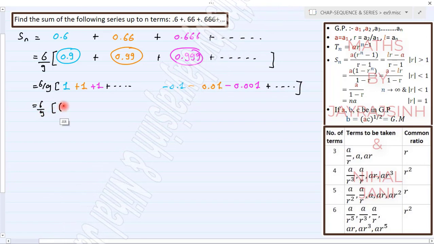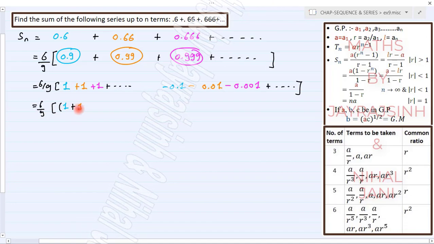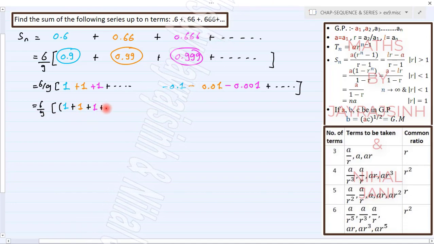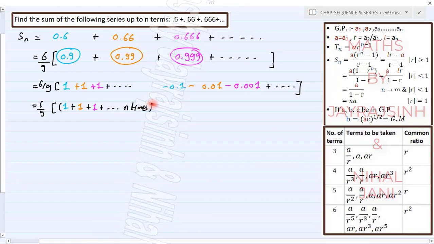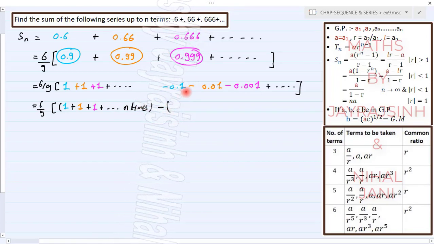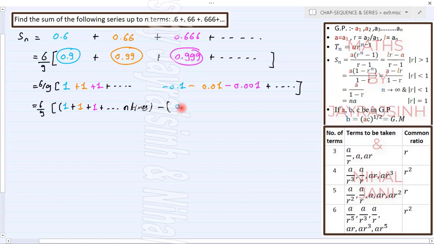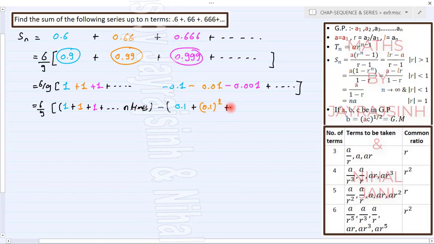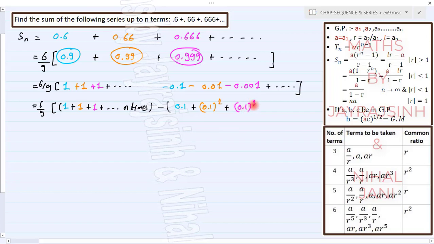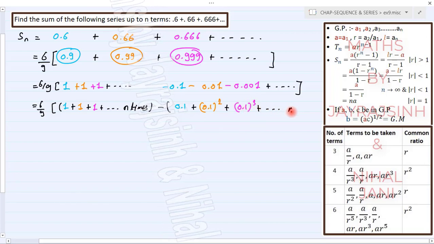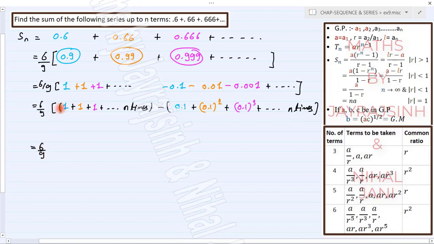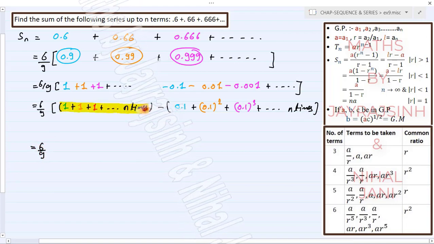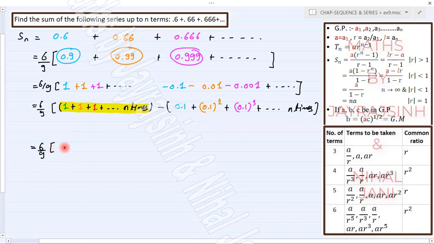The first one is summation of 1 n times, and from the second series, if we take minus common, we'll get 0.1 plus 0.1 square plus 0.1 cube up to n terms.